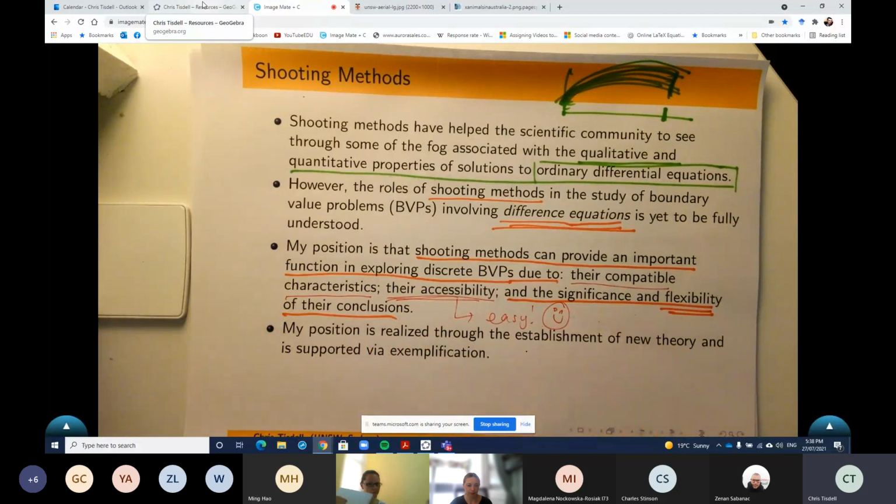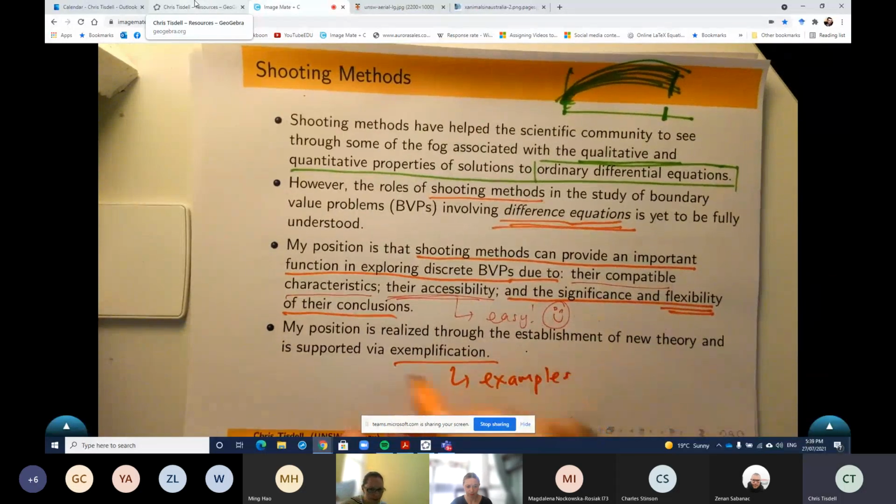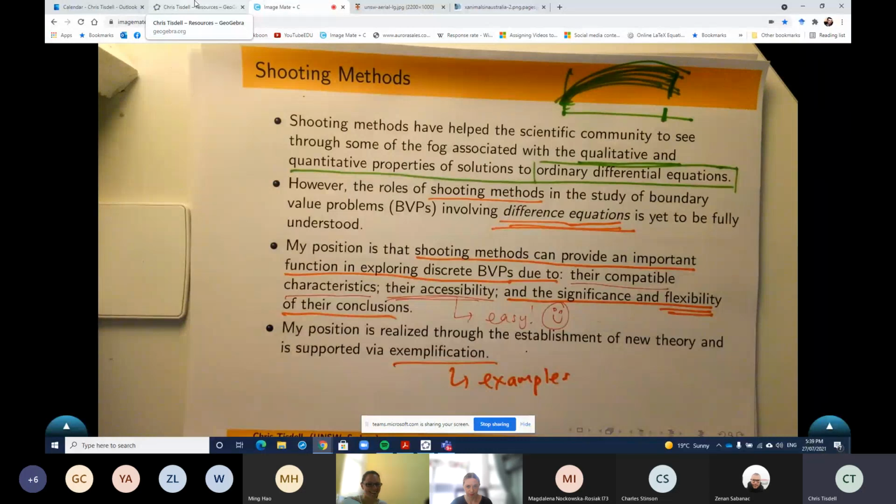They can tell you there's no solution, there's one solution, there's two solutions, there's 15 solutions. So you can get a lot of different conclusions from using shooting methods. And so what I'm going to do is talk about, basically, exemplification. It sounds really impressive in English, but it's just examples.